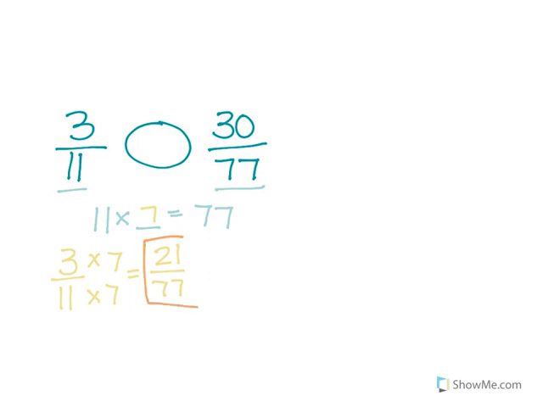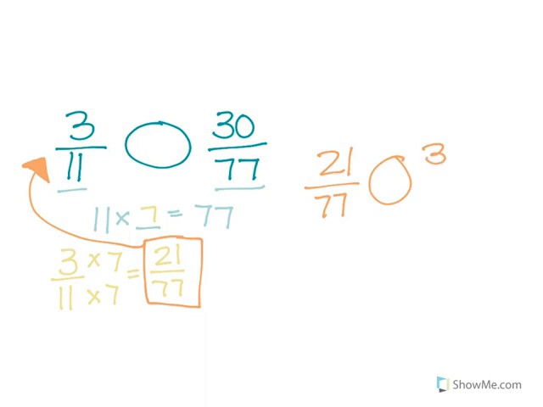This is my new equivalent fraction for 3/11. It is the same exact fraction, it just now shares the same denominator as this. So now I can do 21/77 compared to 30/77. So I can see clearly that this numerator is bigger, so this fraction is bigger than this fraction.